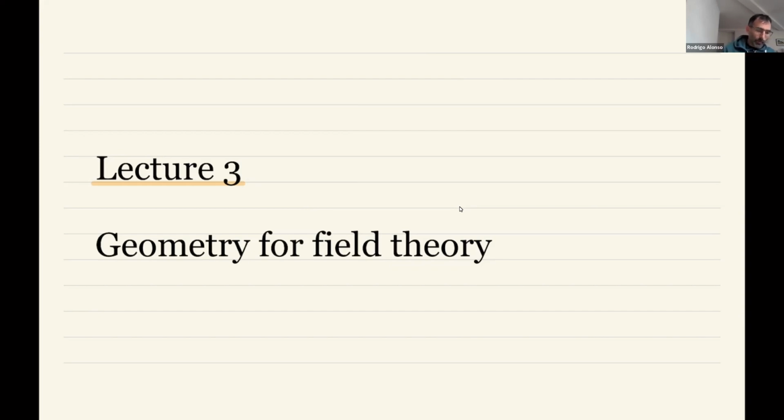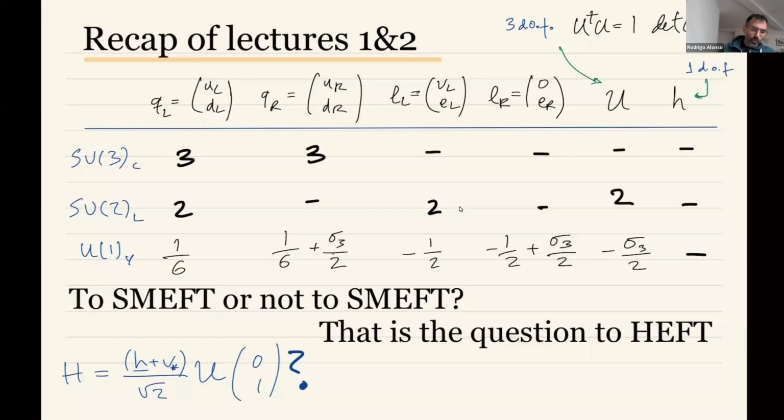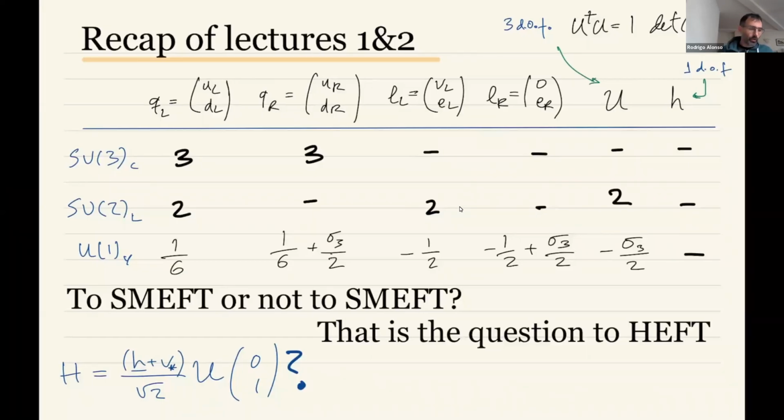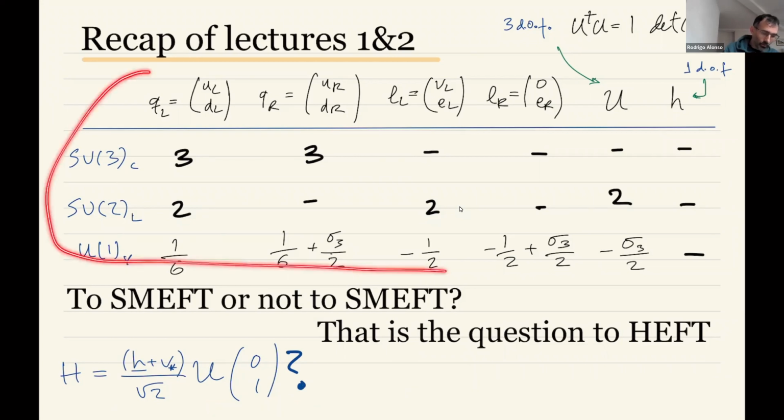But just to repeat some of the takeaways of the last two lectures, let me emphasize these two points. We went through the building blocks of the Higgs effective field theory that are summarized here.